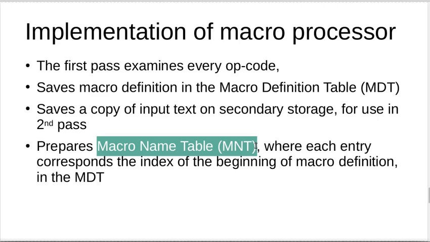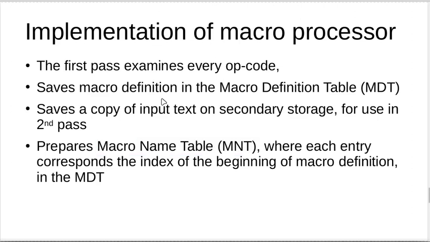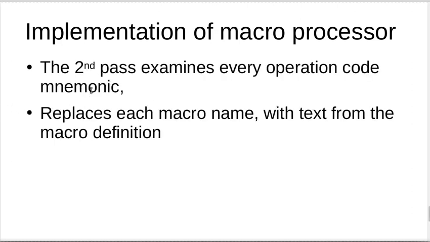So these are more or less the operations performed in the first pass of the macro processor. In the second pass, we examine every operation code mnemonic and replace each macro name with text from the macro definition. The second pass is pretty simple.